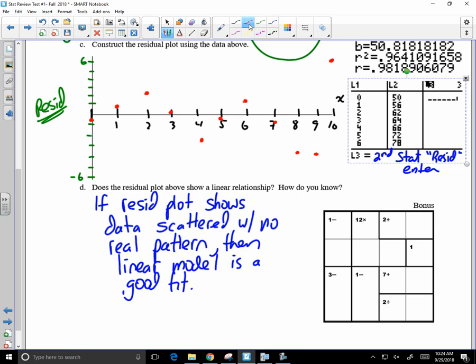All right, so that happens here. So does the residual plot show a linear relationship? Yes, it does. And how do I know? Because of all that I just said.